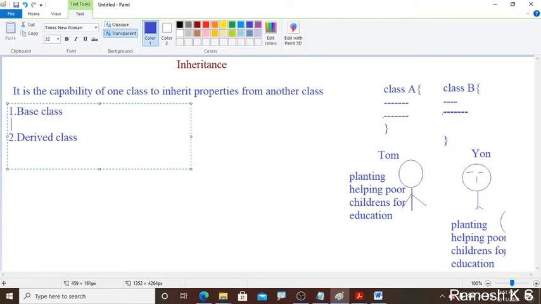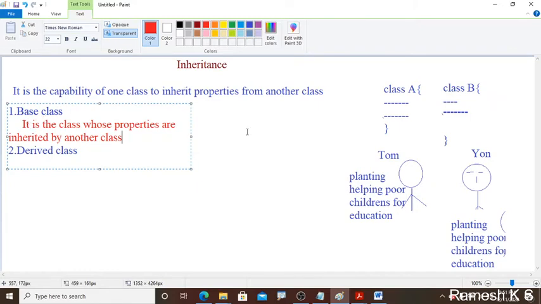So now, what do you mean by base class? Base class means it is the class whose properties are inherited by another class. It is the same as the inheritance definition.